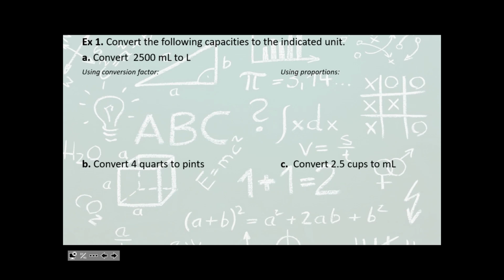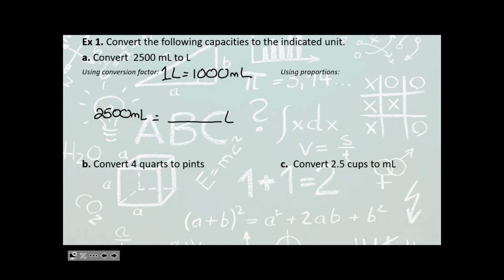So it says, convert the following capacities to the indicated unit. The first one says, convert 2,500 milliliters to liters. First of all, just using a conversion factor. Well, the conversion factor is the one we were just looking at, which says 1 liter is equal to 1,000 milliliters. So I need to take this 2,500 milliliters and figure out how many liters that is.